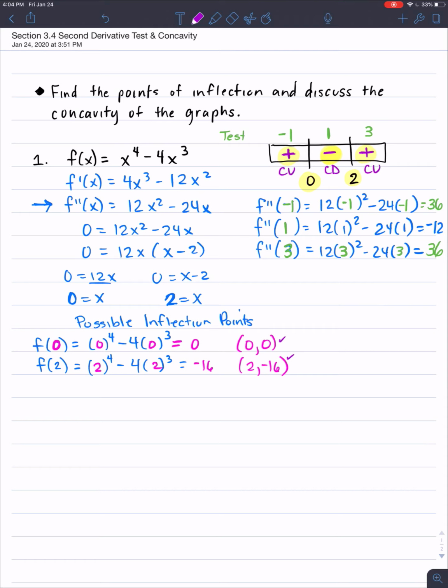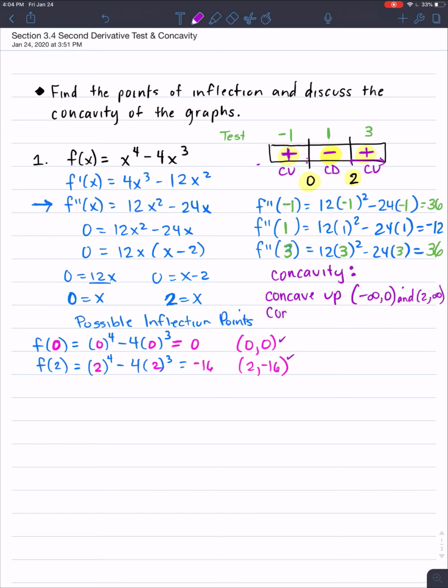So when you name that, your concavity is described in this manner. It's concave up on the interval here, so negative infinity to 0, and then it's concave up from here on, so from 2 to infinity.